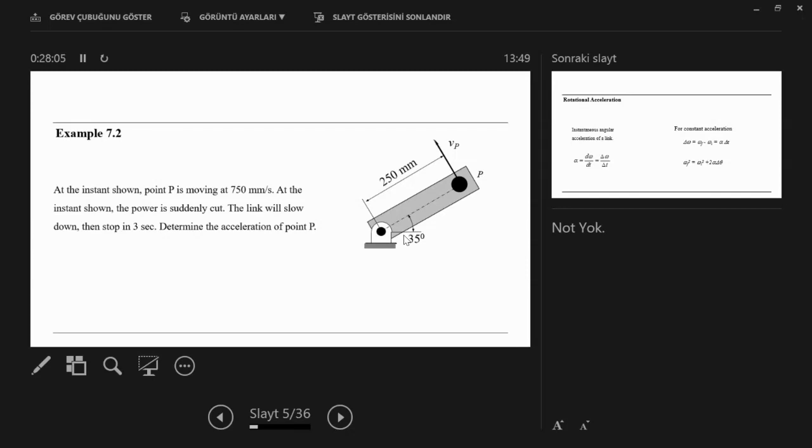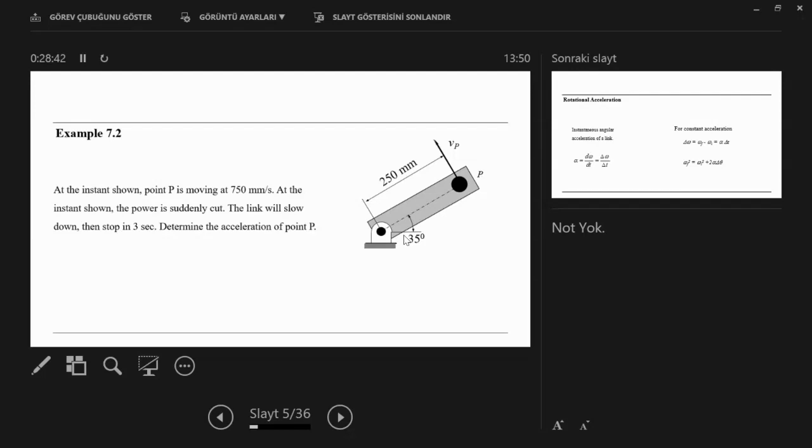V is how much? 750, squared, over 250. 750 squared is 2.25, and so on. Millimeters per second square. So this is the normal component.